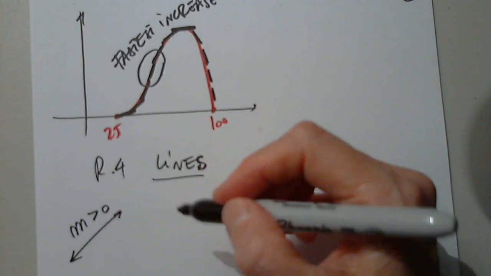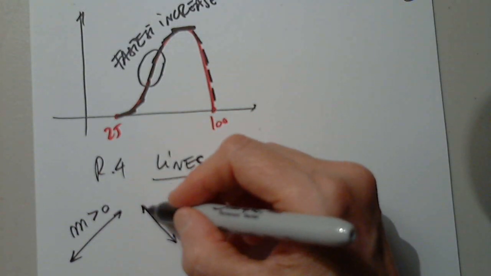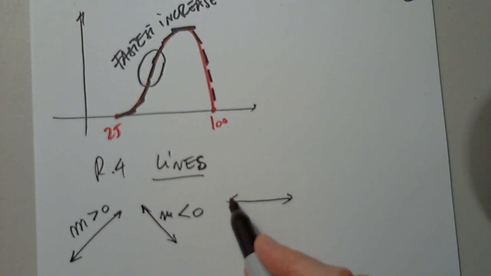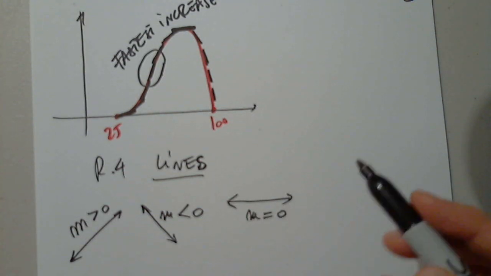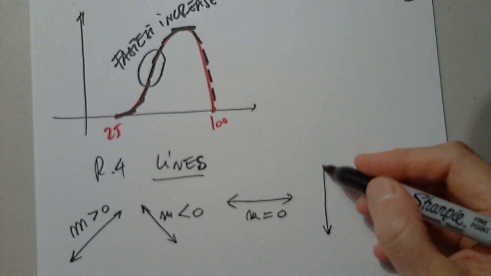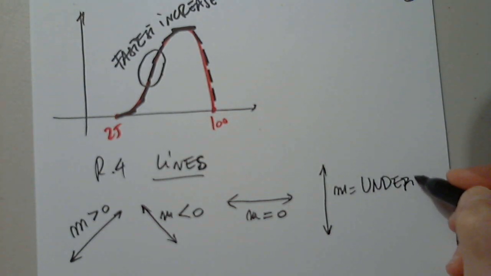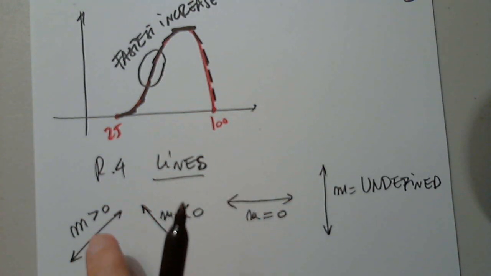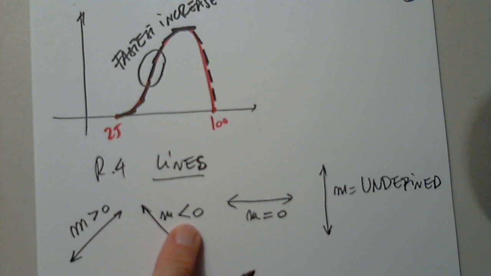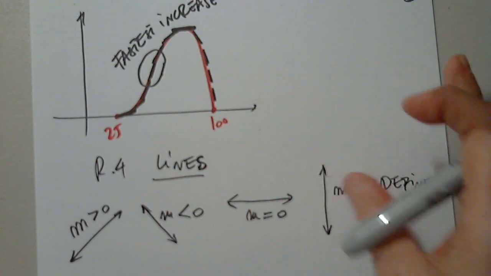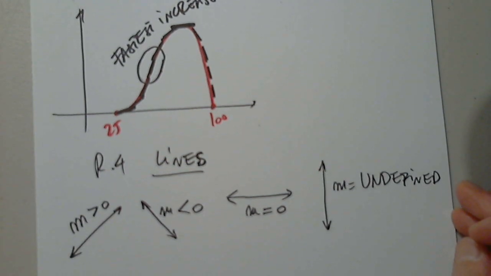Slope is positive. Here, slope is negative. Here, very nice and easy, slope is 0. And for the vertical lines, undefined. Increasing from left to right, positive slope, decreasing, negative slope. Horizontal lines have slope 0, vertical lines have the slope undefined.